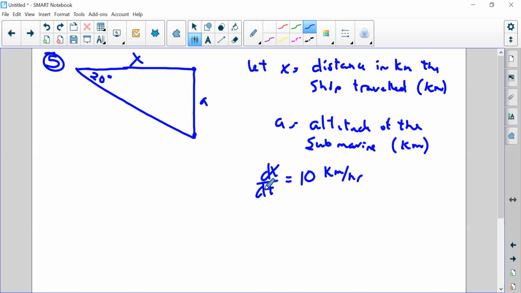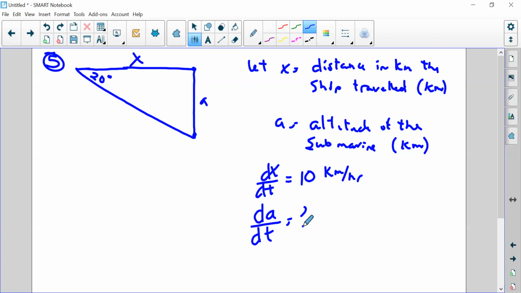And the question asks us, how fast is the submarine's altitude decreasing? So what are we trying to find? dA/dt. That means I need an equation that relates x and A.